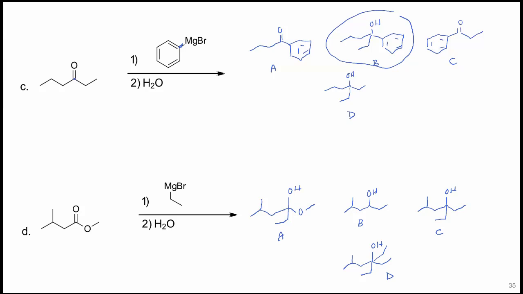All right, the consensus seems to be C. Some of you are unsure. So the Grignard is the one acting as our nucleophile. This is our electrophile. So this carbon that's next to the Grignard is the negative charge. That's going to attack here, which brings those electrons up to there. So I've added the ethyl group.